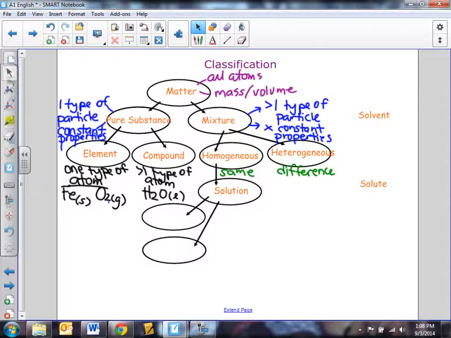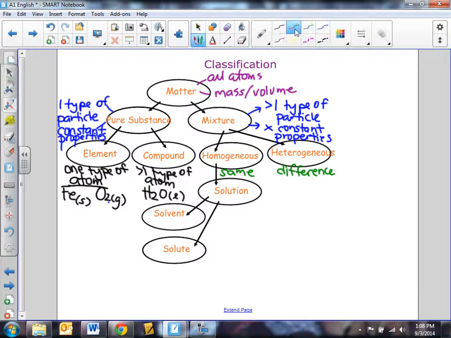And so solvent and solute go underneath. So I'm saying a solution is kind of like a synonym for a homogeneous mixture a lot of the time. The solvent is the thing that is in greater quantity. The solute is the thing that is in smaller quantity.